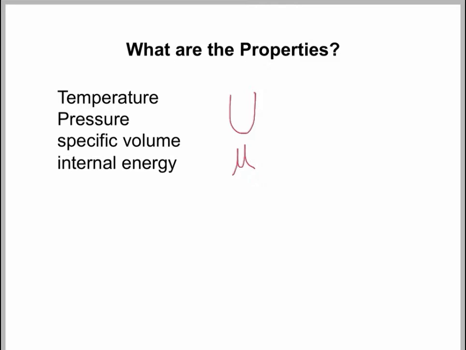If it is uppercase U, then it's a quantity of energy, shall we say kilojoules, whereas the lowercase u would be kilojoules per kilogram or unit mass.